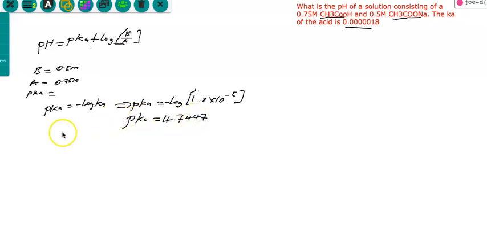So let's go ahead and then put in the values here. Our pH then will be 4.7 plus log of our base, which is 0.5 here, divided by our acid, which is 0.75.